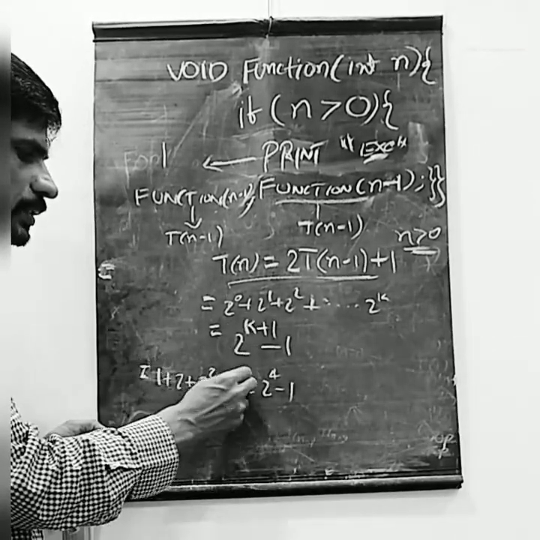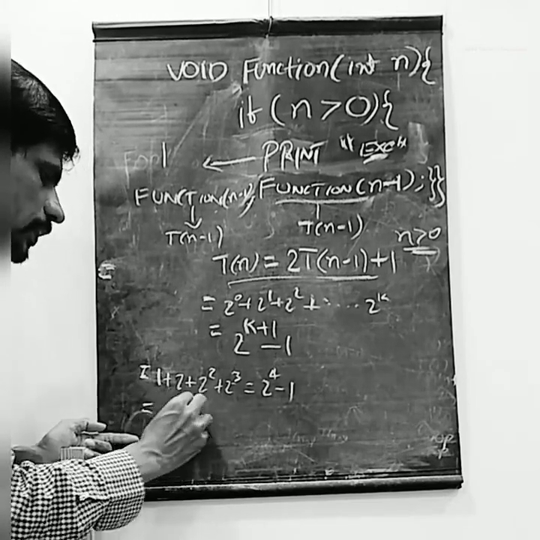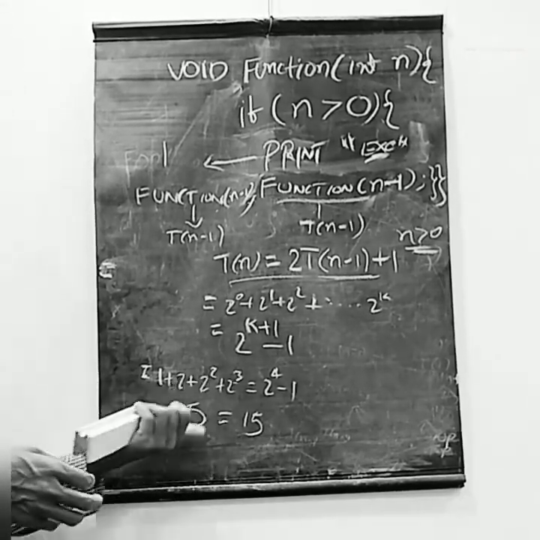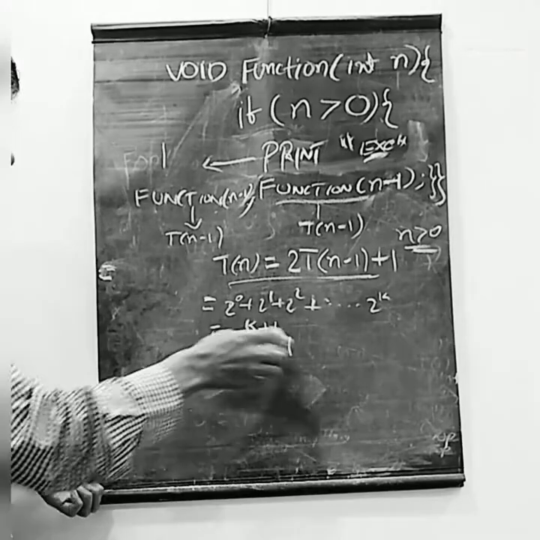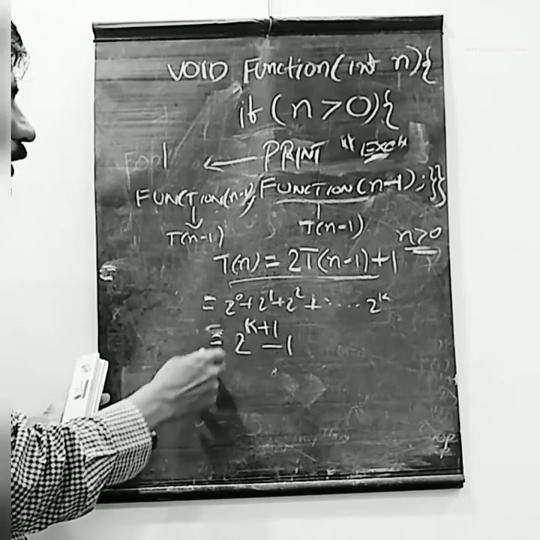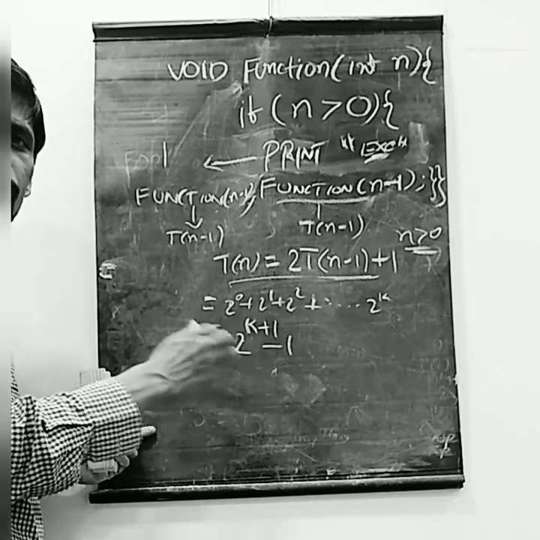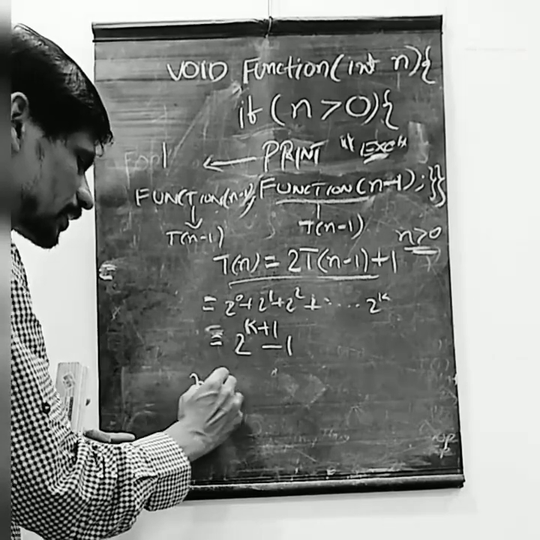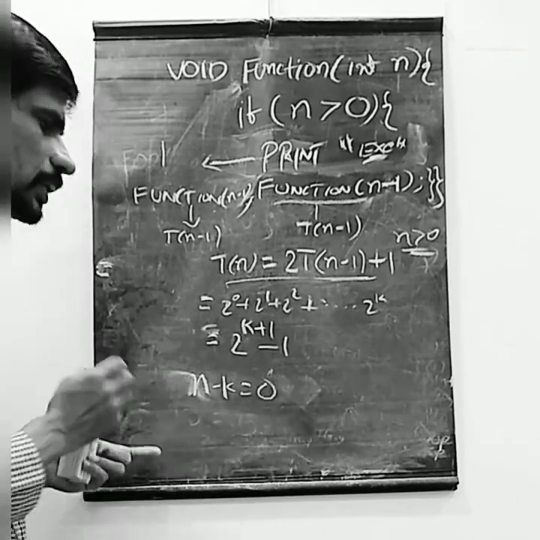So if my k is 3, what will be the value of this one? 15. So 15 equals 15, right? If you calculate it, we get 15 equals 15. So we can represent it in this format, 2 power k plus 1 minus 1. Now we will try to remove this k and replace k with the n value.